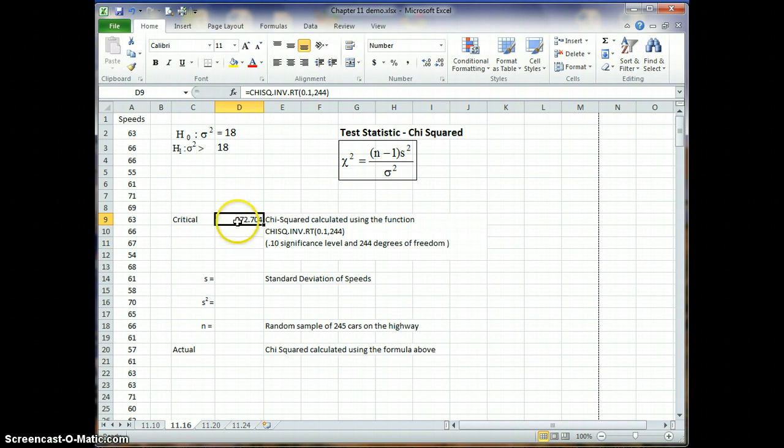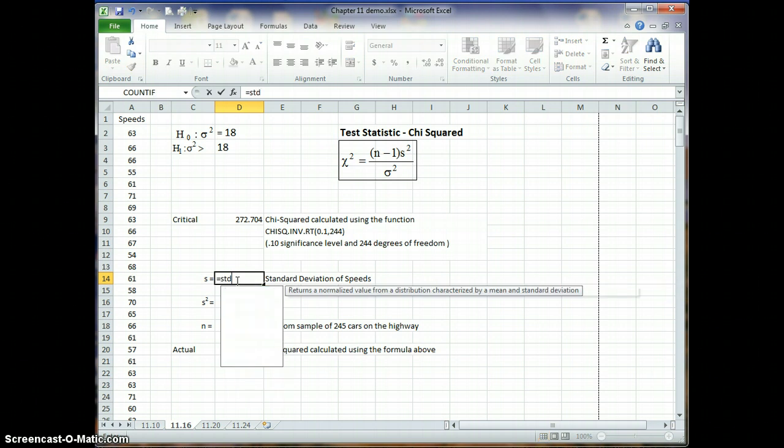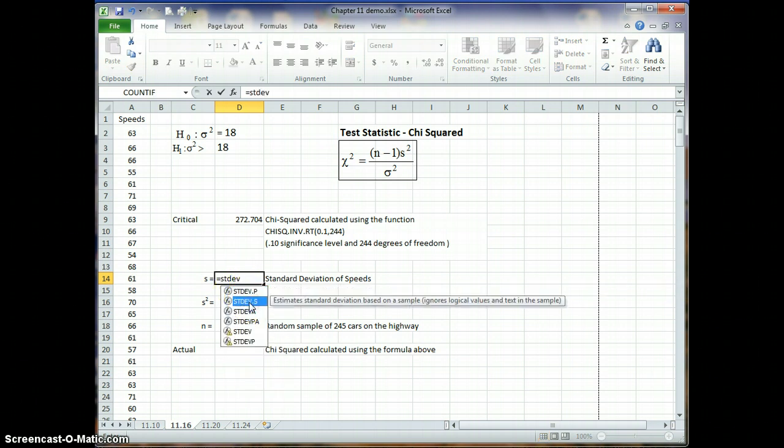So now we're going to use that as comparison with what we actually get based on the data collected. So the first thing we're going to do is, based on those speeds, calculate the standard deviation of those speeds. So to do that, we'll go equal the standard deviation of the sample.